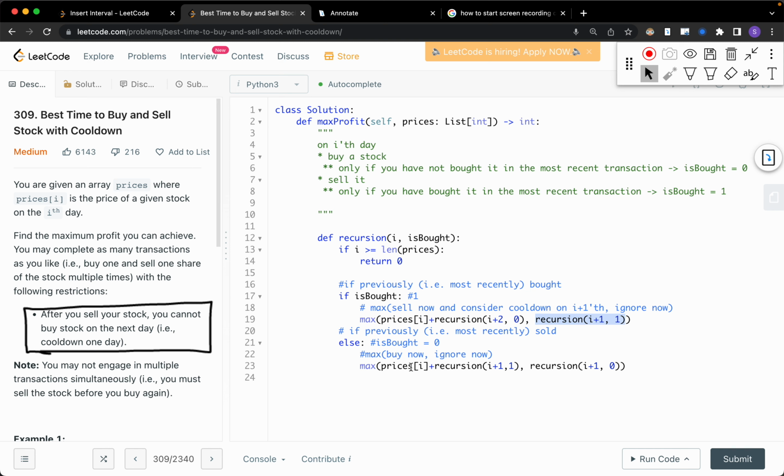Similarly in this case, but you can see that we cannot keep adding these values.